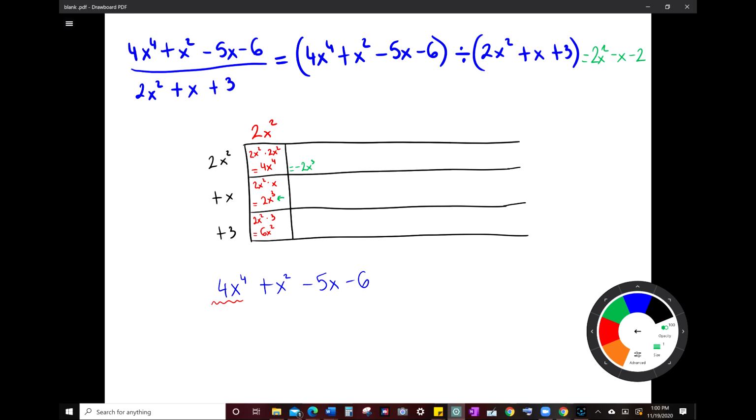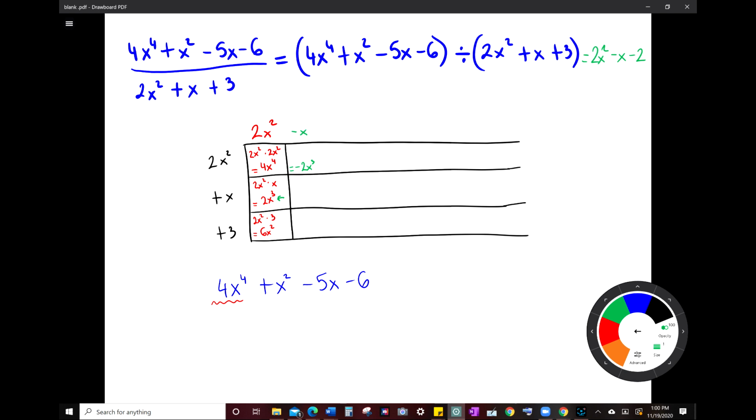But that means I need to multiply something with 2x squared in order to get negative 2x cubed in the box. So I need to figure out what multiplied by 2x squared gives negative 2x cubed. And I think maybe I can multiply negative x.